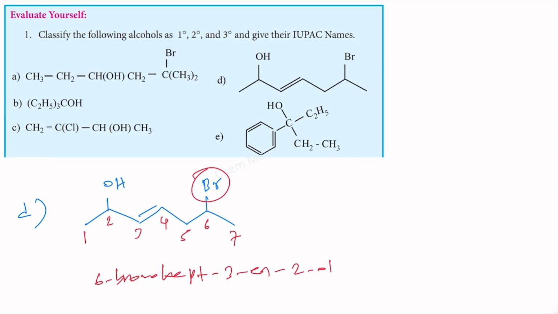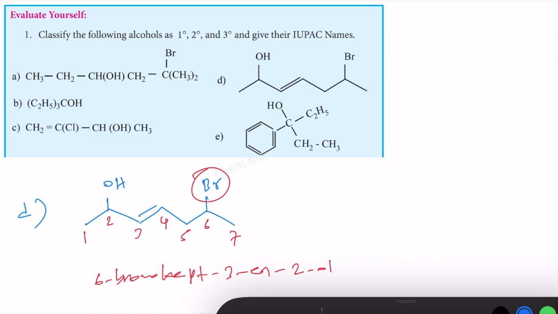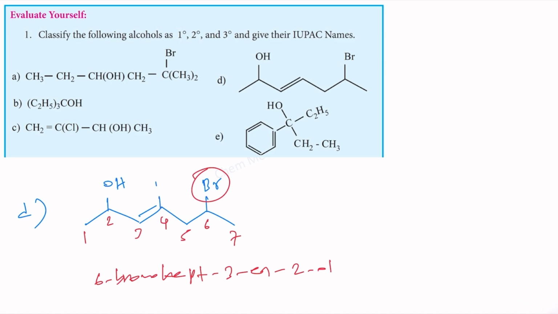If we do consider geometrical isomerism in this case, then the hydrogen atoms are opposite to each other, and therefore as per Cahn-Ingold-Prelog rules, that will get the second priority and the carbon atom will get the first priority. Therefore, if you want to mention the IUPAC name by explicitly specifying the geometrical isomerism, then you have to write it as (3E) in parenthesis and then the rest.